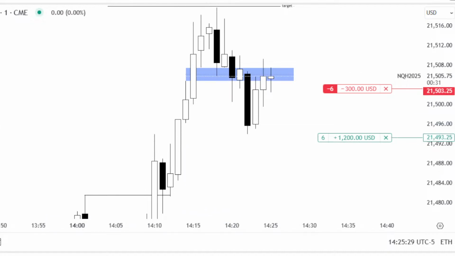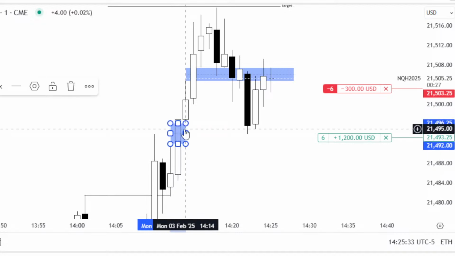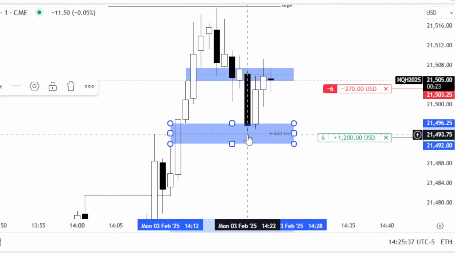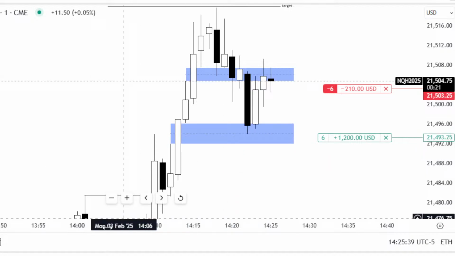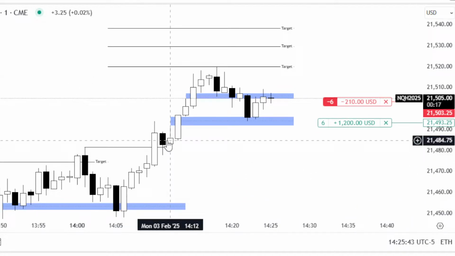And the reason I say that is because there's a fair value gap there that we're testing in. See how it holds to that 50%. This whole range, 50% is around here.